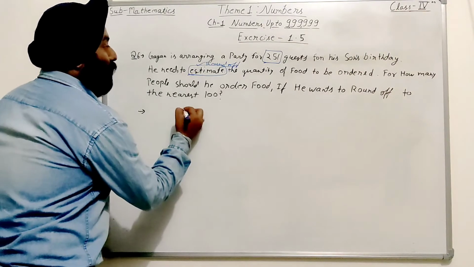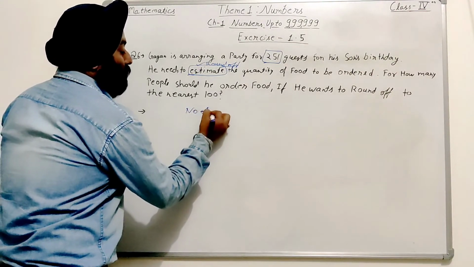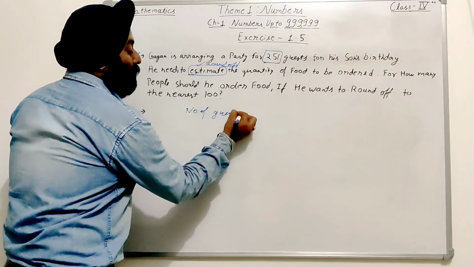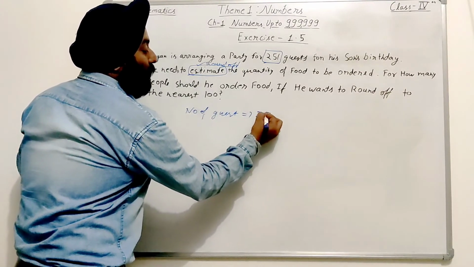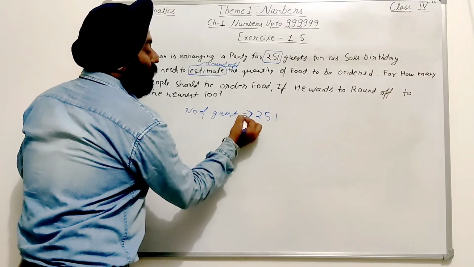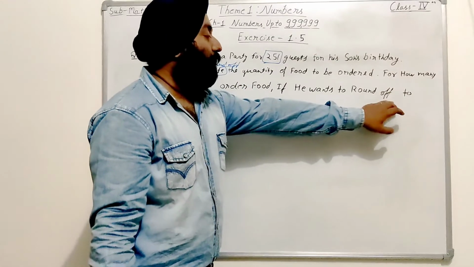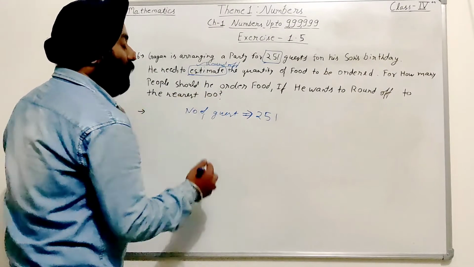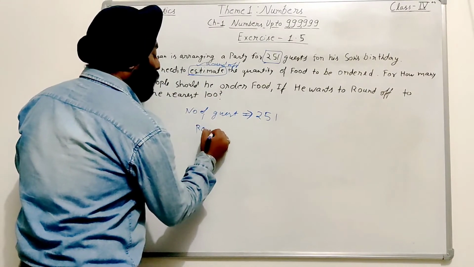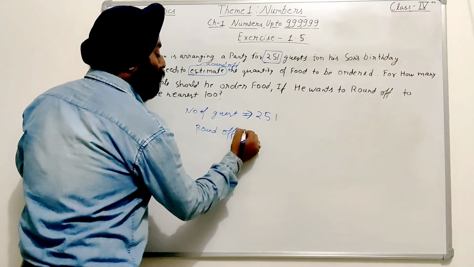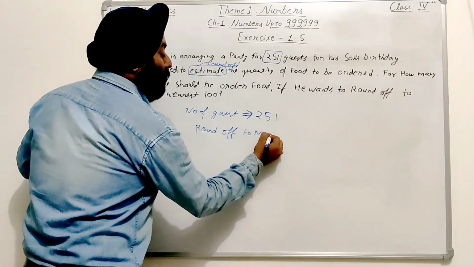So the number of guests is equal to 251 guests, and we have to round it off to the nearest 100. How do we round off?